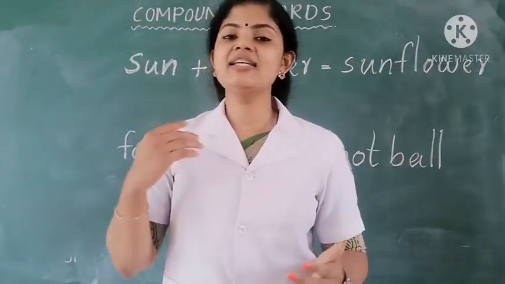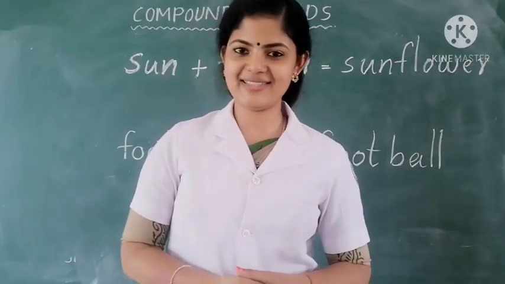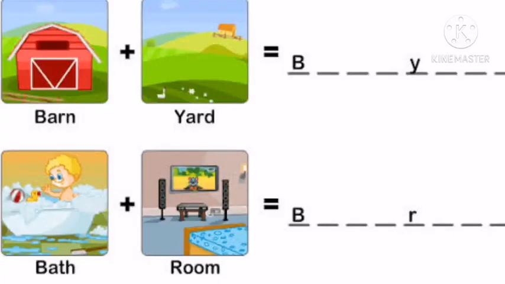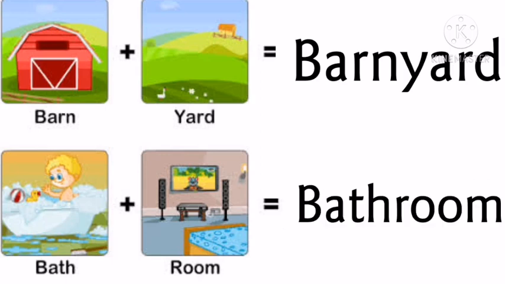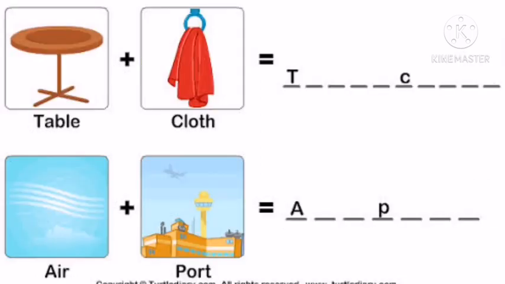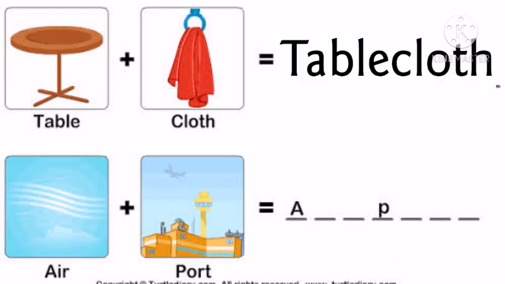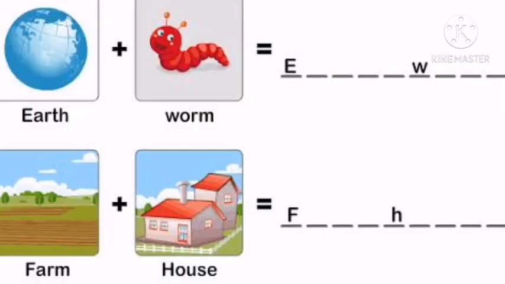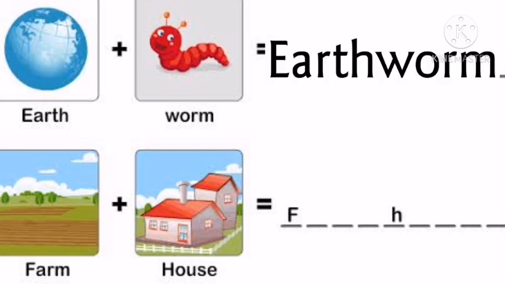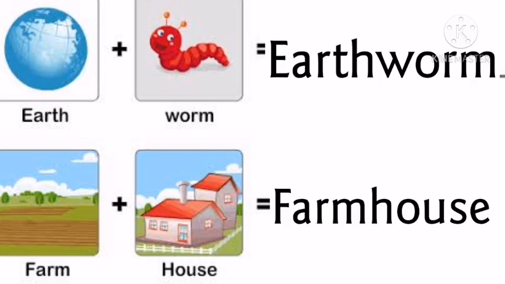Let us see some more examples for compound words. Barn plus yard, barnyard. Bath plus room, bathroom. Table plus cloth, tablecloth. Air plus port, airport. Earth plus worm, earthworm. Farm plus house, farmhouse.